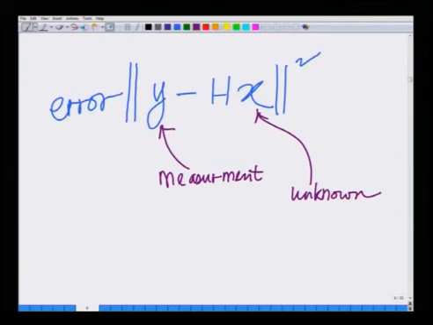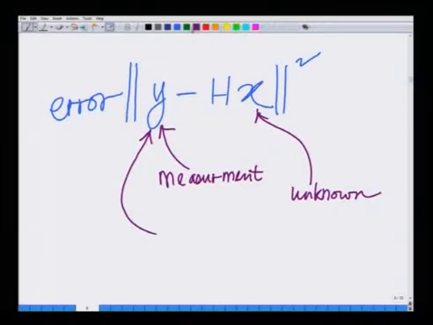So, I am choosing an x such that this measurement error is minimized. This is known as the minimum error solution. This also has a name, it is known as least squared error. Look at this, we are considering the squared error. Hence, this is also known as the least squares solution.